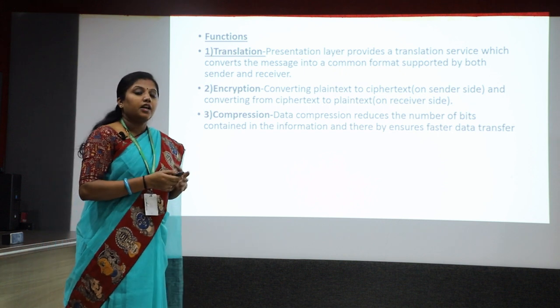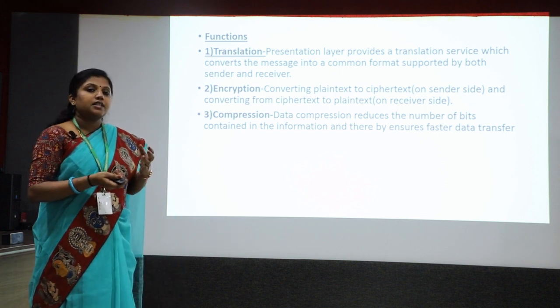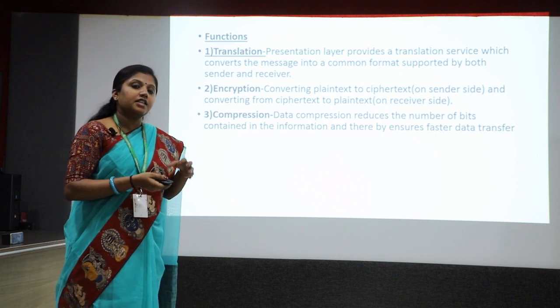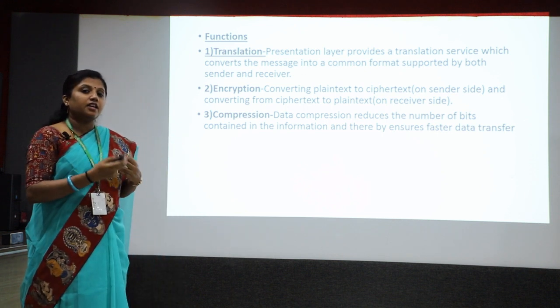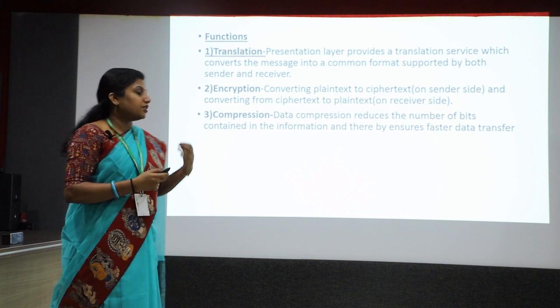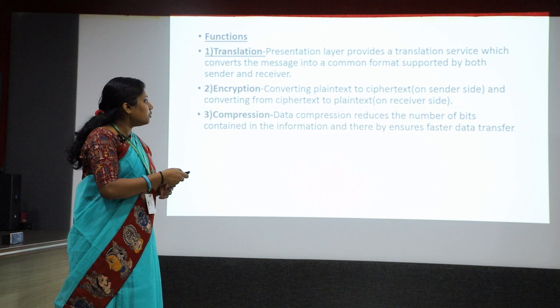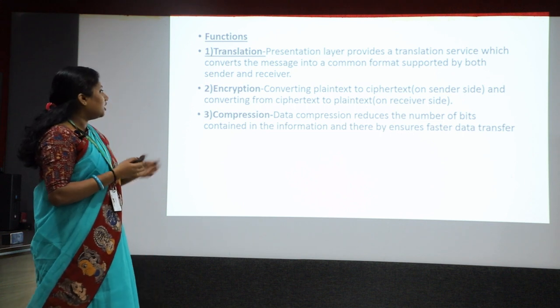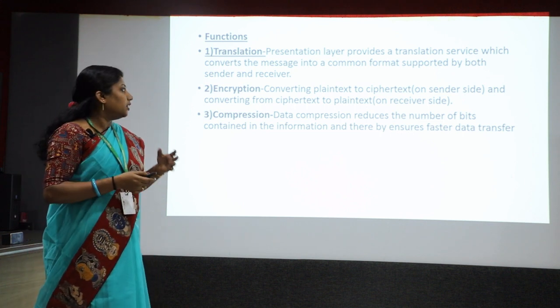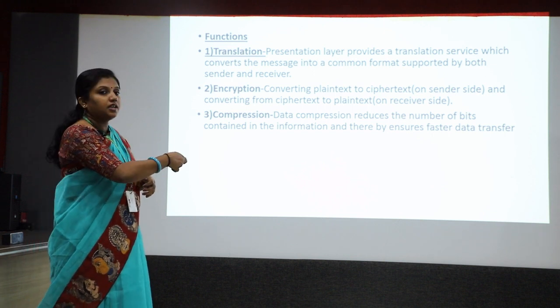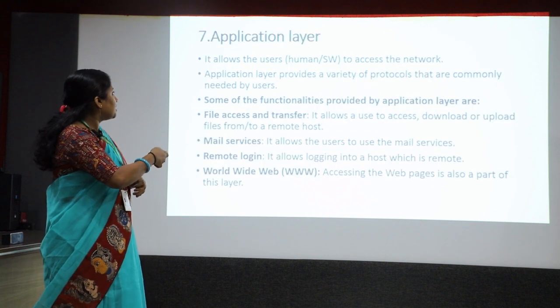And encryption: the data at the sender side is converted to ciphertext, and at the receiver side the ciphertext is reconverted to plain text. That process is known as encryption. Compression: data compression reduces the number of bits contained in the information, thereby ensuring faster data transfer. All these functions are done by the presentation layer.